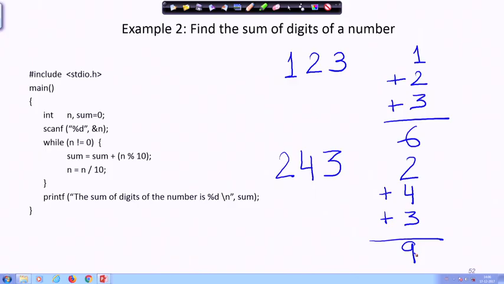So, how do you go about doing that? How do I find out the digits? Say 1, 2, 3, from there, how do I extract 1, 2 and 3?